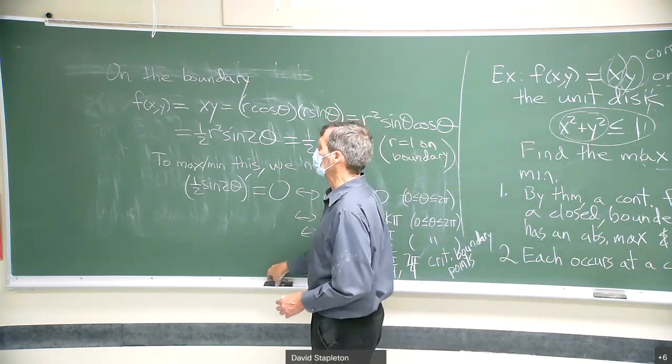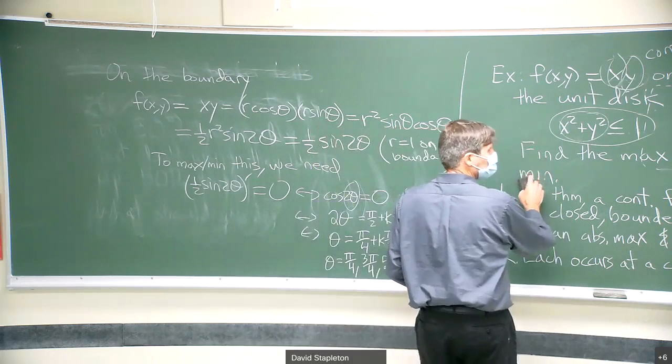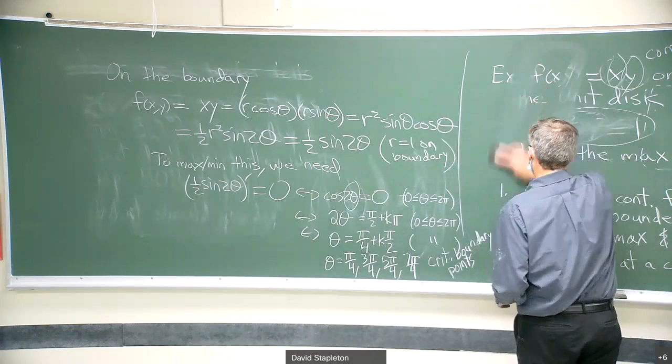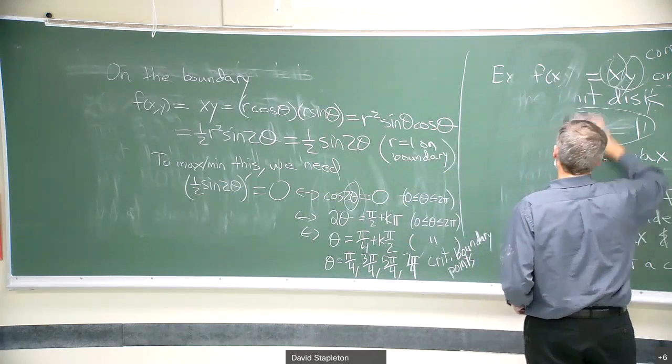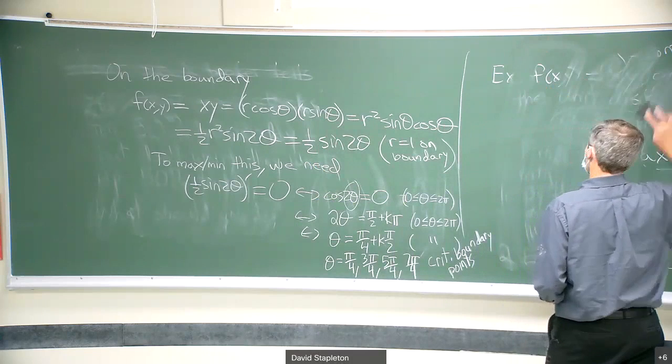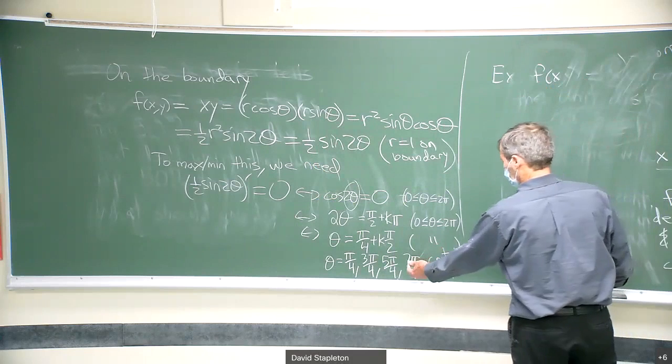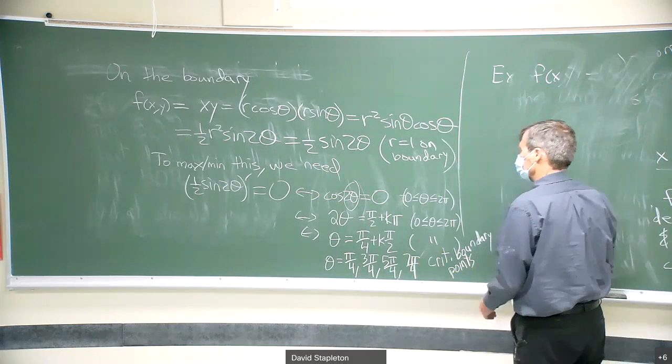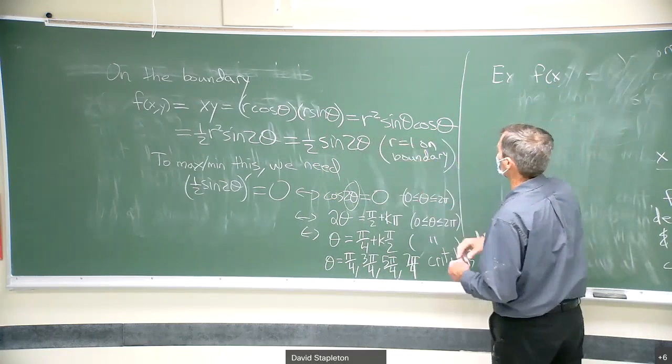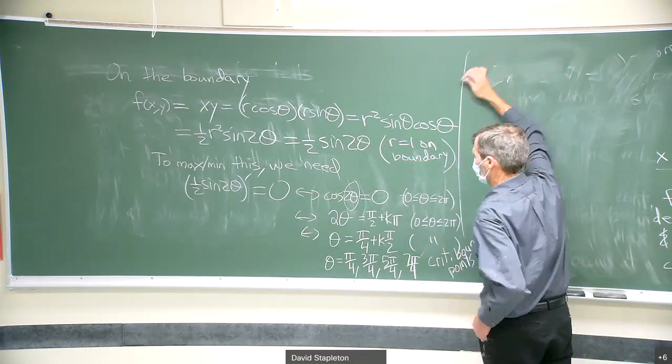So now the last step is you just plug each in. You find the interior critical points, you find the candidates along the boundary, the critical points of the function of one variable here, and you just plug them in.